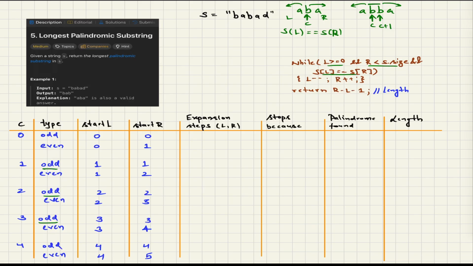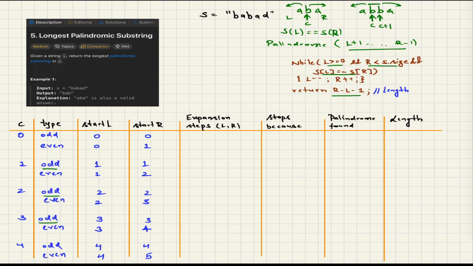I can say that, okay, this is a palindromic substring, and then I can return its length. When I say return its length, basically we know that if R is pointing here and L is pointing here, then when the loop ends, the string from L plus 1 to R minus 1 will be the palindrome. Like this is the string which would be the palindromic string, right?